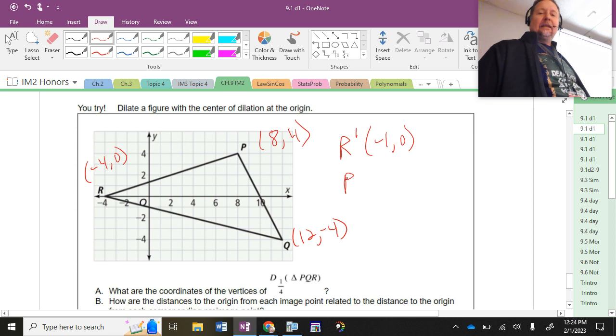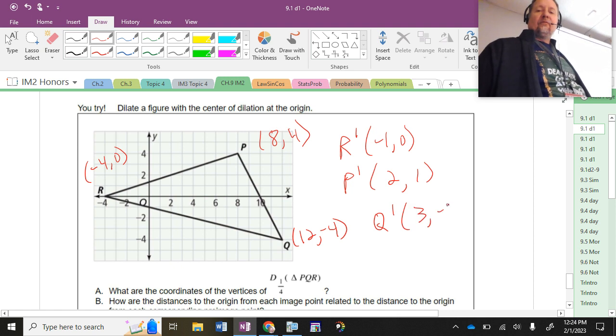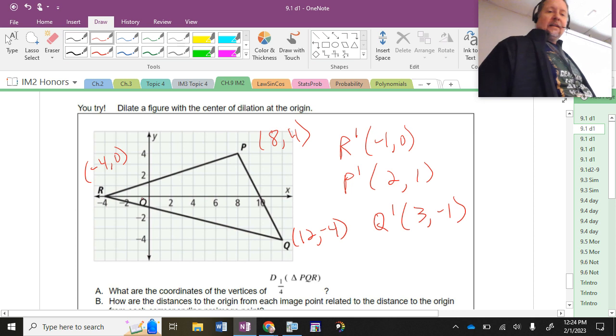And then P prime, 1/4 of 8 is 2, 1/4 of 4 is 1: (2, 1). And then Q prime is 1/4 of 12, 1/4 of -4: (3, -1).